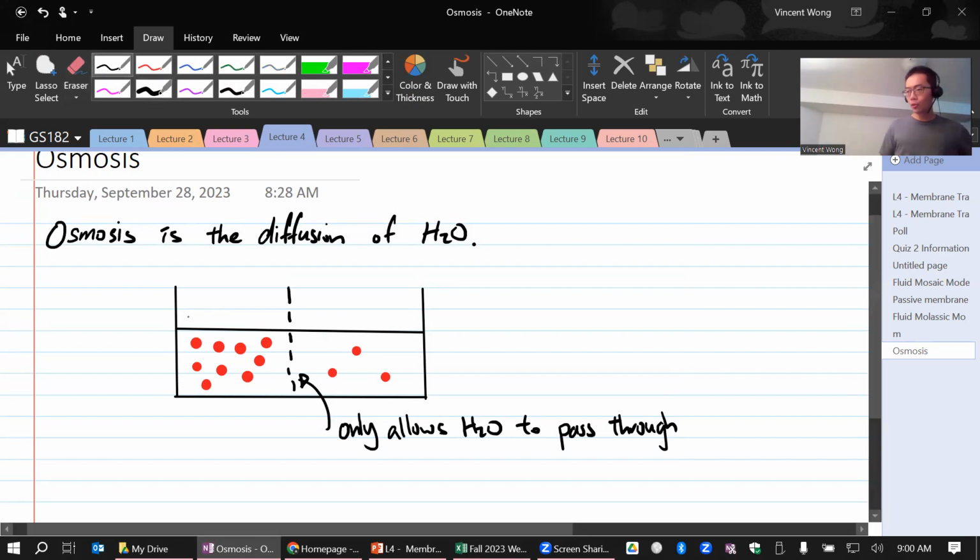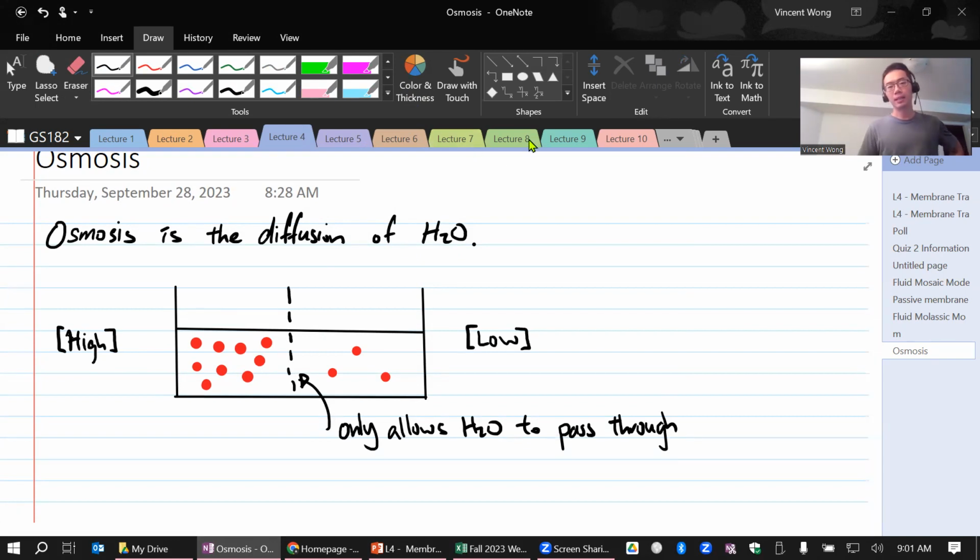Now, can we all agree that the left side has higher concentration? Because it has more dots in the same amount of volume. And over here, it has low concentration. I hope we can at least agree on that. So I'll let you draw first, and then we'll explain.